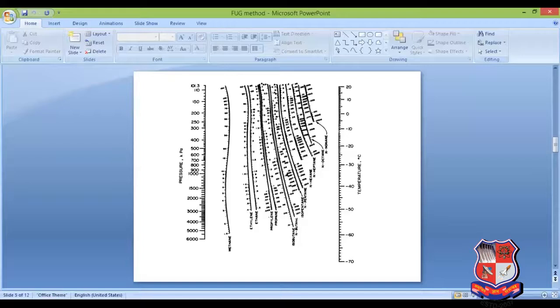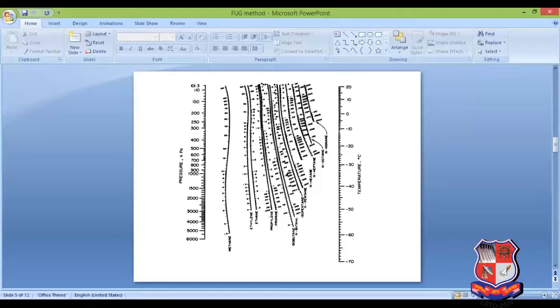For ethane, ethylene, propylene, propane, it is given. So if pressure and temperature are given, you can determine K like that. My suggestion to you is to go through this; practice is needed. In examination, I think in GTU only once the chart was given to you, so you find it. But otherwise, in real life, in the real field, you need to find the data from this kind of chart.